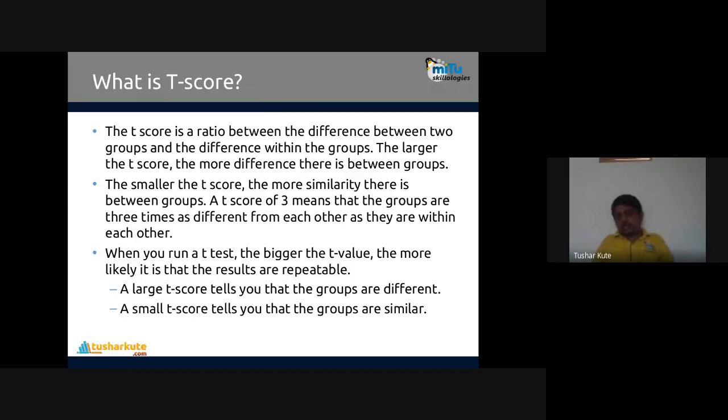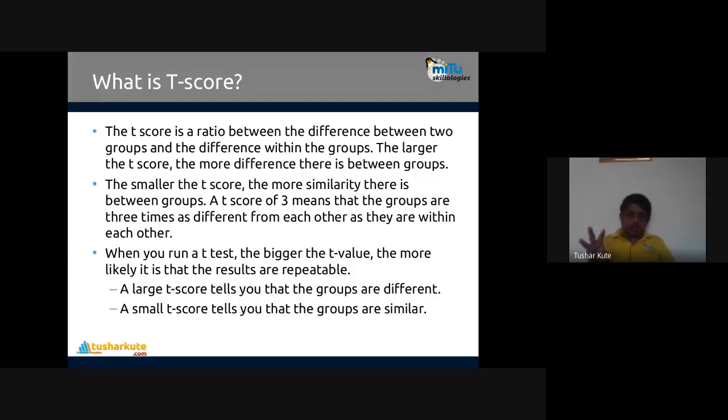The larger the t-score, the more difference there is between the groups. Remember, the smaller the t-score, the more similarity there is between the groups. A t-score of 3 means the groups are 3 times as different from each other as they are within each other.